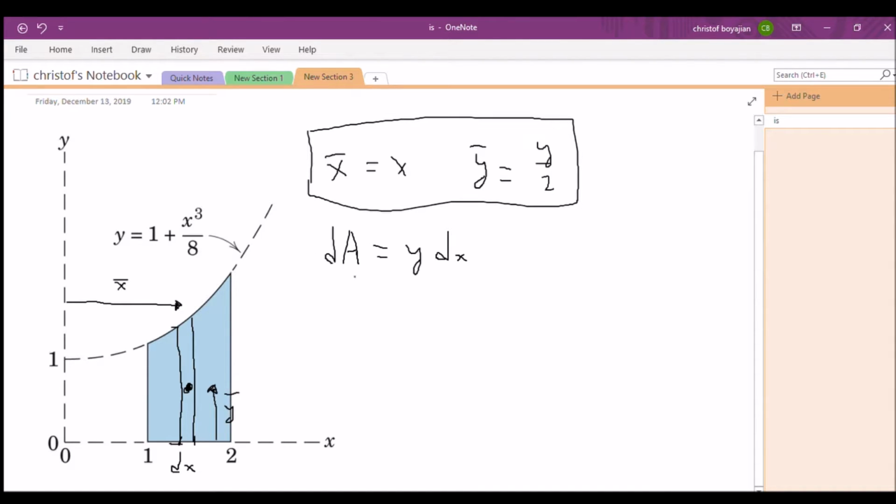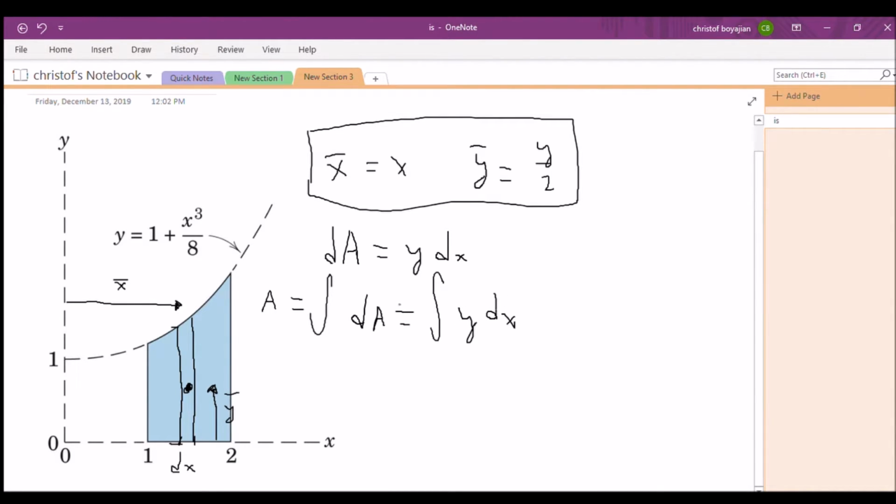Now we want to know the integral of dA, because that's ultimately the area of this entire figure. So the area is the integral of our dAs, so it's going to be the integral of y dx. Now we have two variables here. We need to get this expression in terms of one variable. How can we do that?